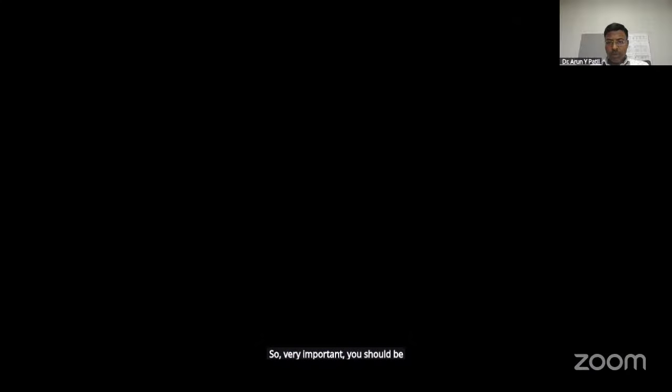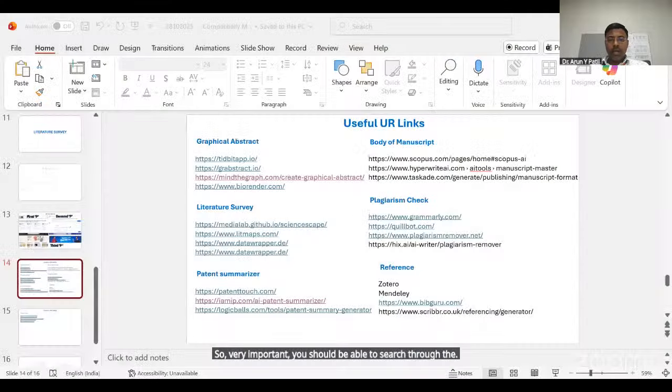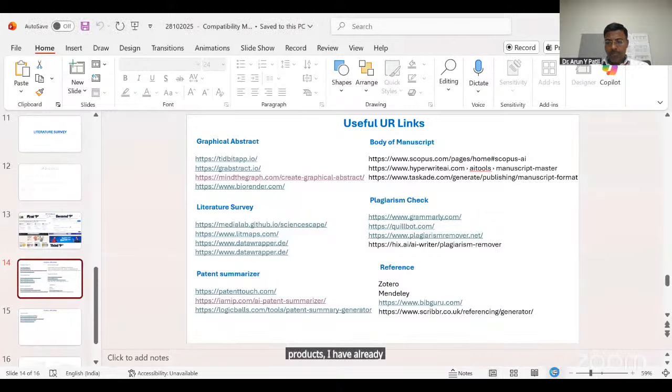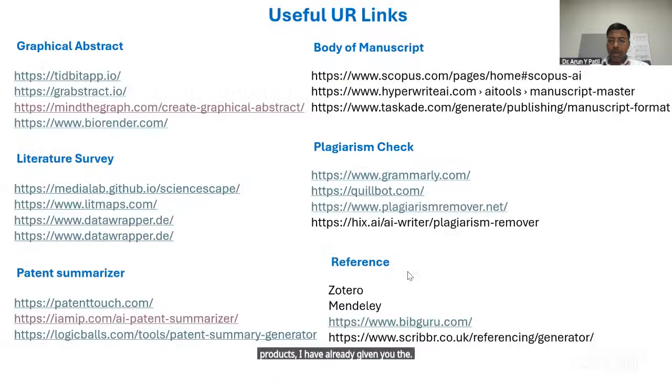Very important, you should be able to search through the patents and publications. You are already well aware. And going towards products, I have already given you the complete idea about how the product can be searched through the web pages.